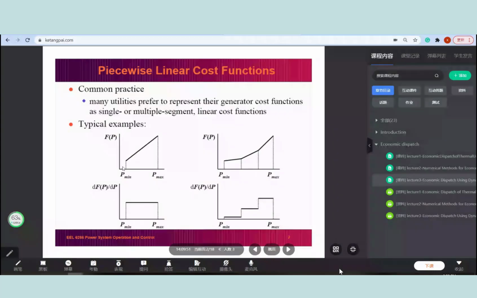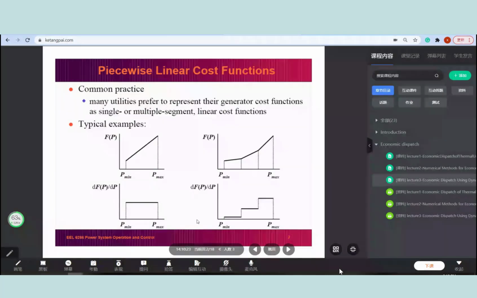For example, if you have an input-output curve like this, you will find the first order derivative is constant. If you have multiple linear input-output curves, the first order derivative will be discontinuous, with jumps between this range and this range. So there are several different values for the first order derivative.